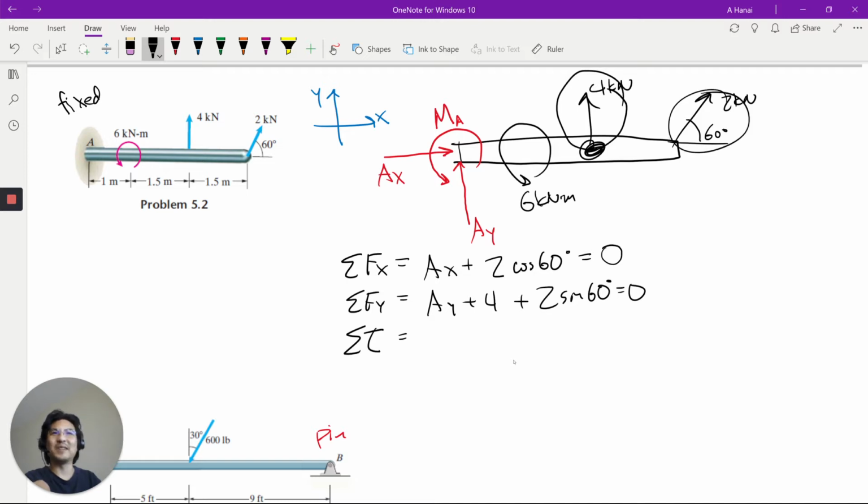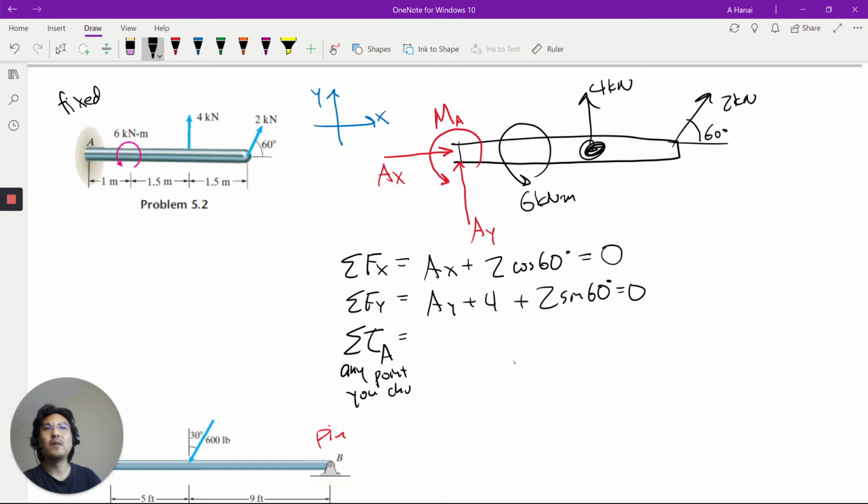I kind of like that one because this is unknown, so it's a way to get rid of one unknown. So I'm going to go about point A. This can be any point, I'm just choosing point A.